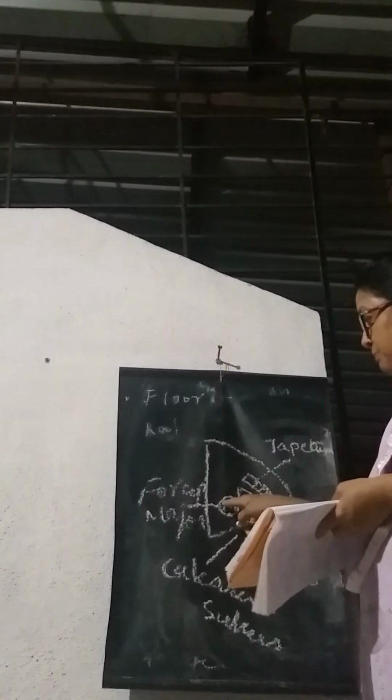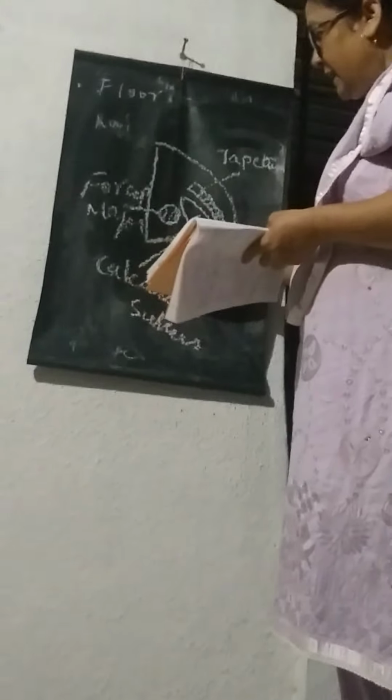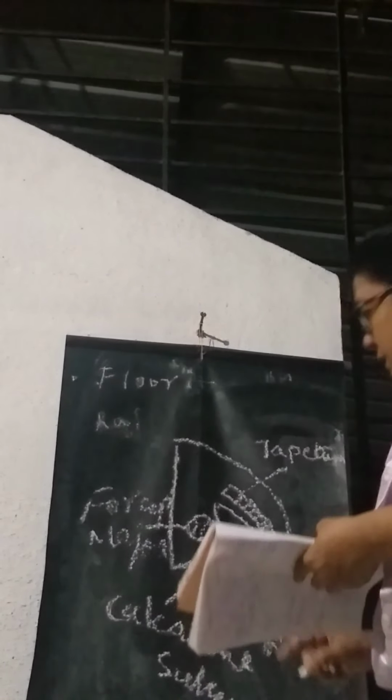So superiorly the roof is formed by the tapetum, and inferiorly the floor is formed by the forceps major. And this gap which you see over here, this is the calcarine sulcus. Got it? Below this calcarine sulcus is present the calcar avis.